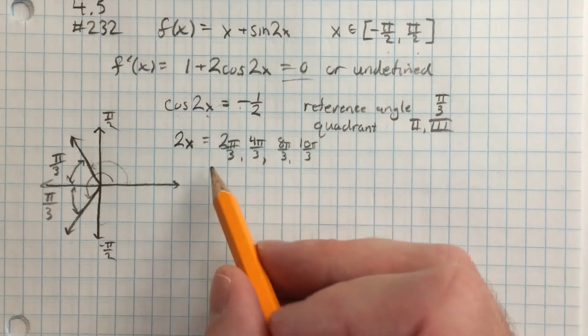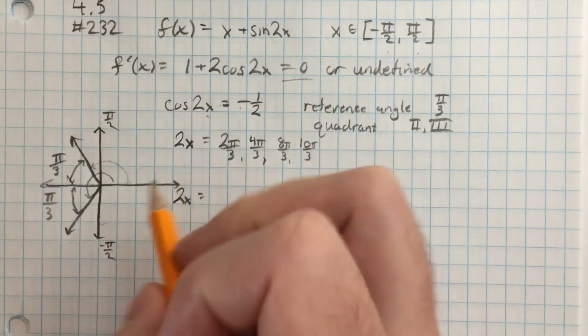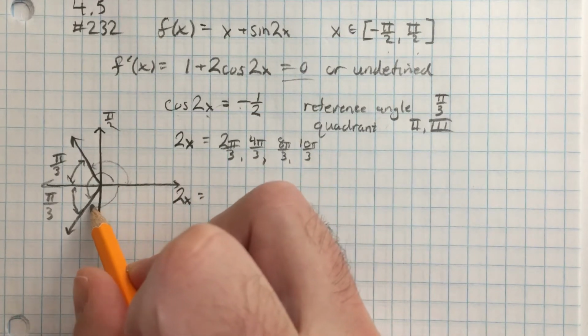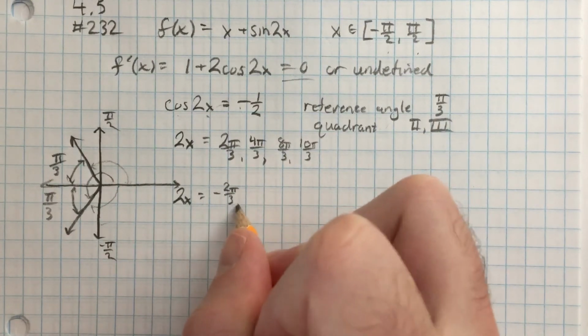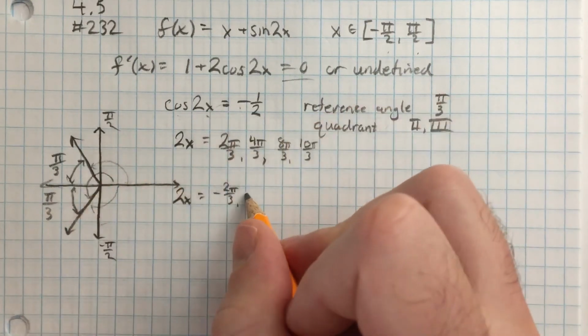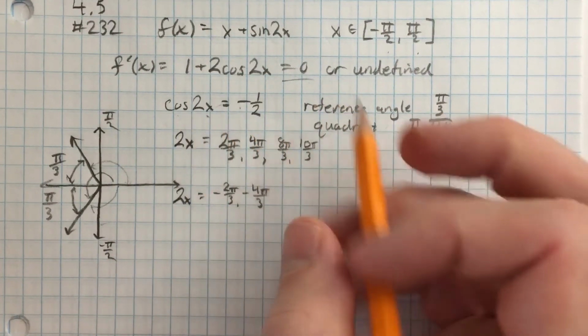Okay, so that's going in the positive direction. Going in the negative direction, 2x could also be negative 2 pi on 3, and then moving further, negative 4 pi on 3. It's the exact same values but negative, which makes sense because cos is an even function.